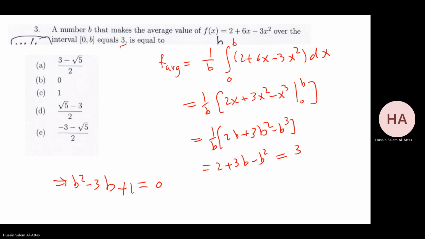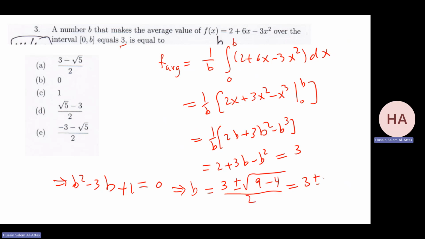How to solve this one? I cannot factor it. But still, since it's a quadratic equation, I can solve it by the quadratic formula. B equals what? 3 plus or minus square root of b squared, which is 9, minus 4ac, over 2. That will be 3 plus or minus square root of 5 over 2. Okay. Now I check which one should be positive.